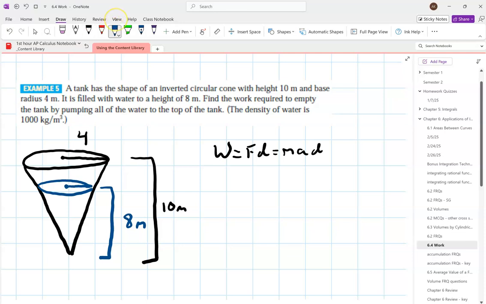Now, let's think about what's going to be changing, though. At some point, what we're going to be doing is taking out a really little tiny cylinder here.